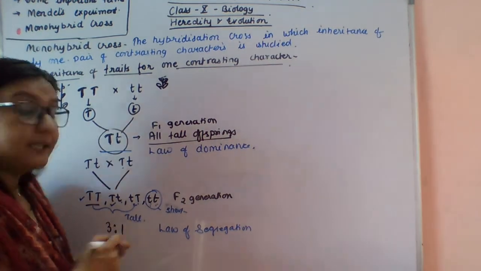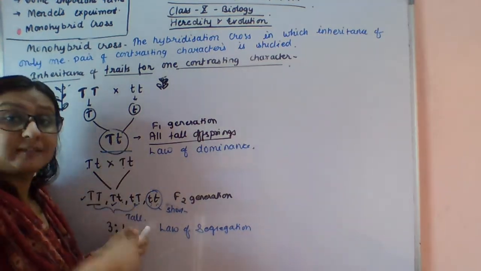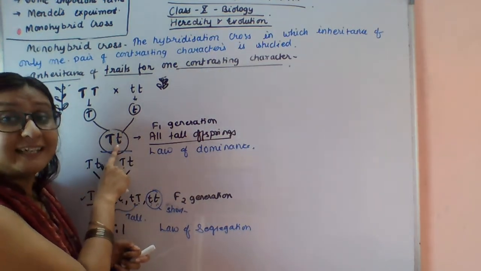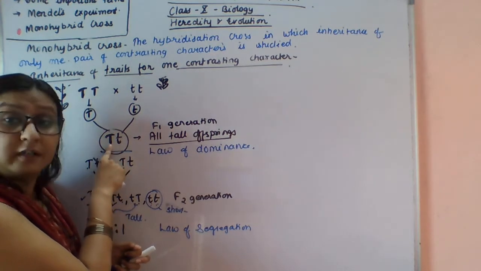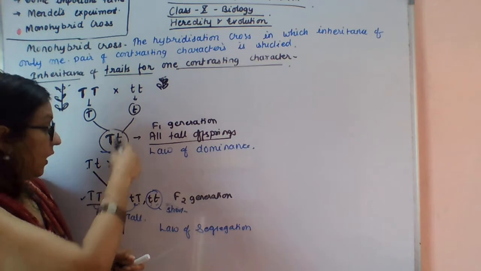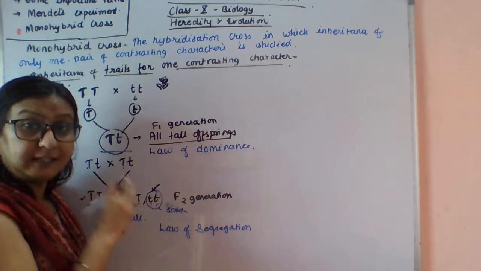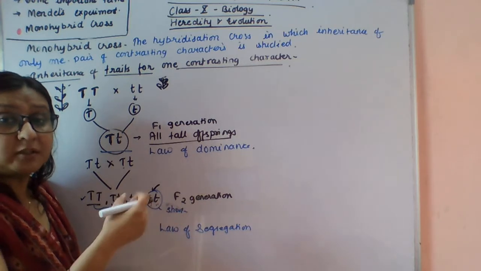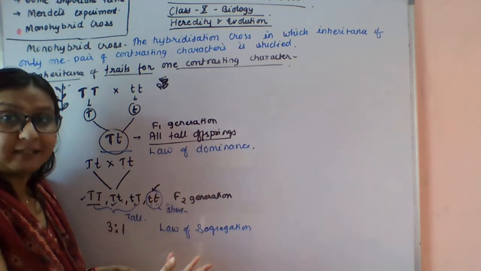See here, in the first generation this recessive trait was there, but it did not get expressed. Why did it not get expressed? Because of the presence of the dominant trait. But now in the second generation it can be segregated, meaning differentiated, to get a separate identity.